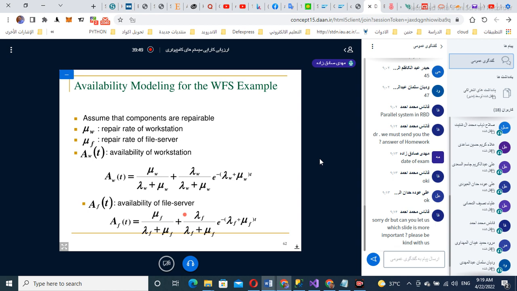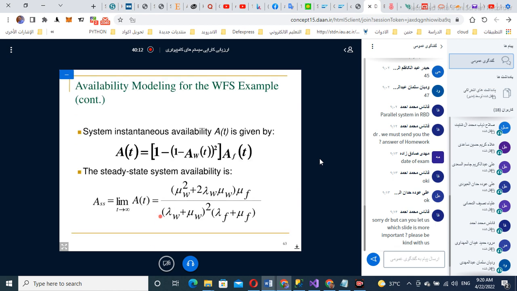The system instantaneous availability A(t) is given by this formula.